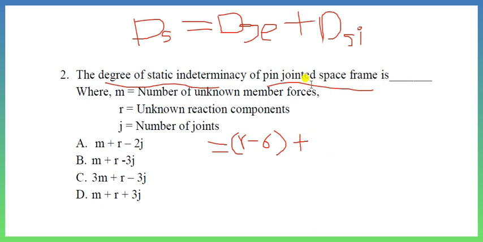So what is the degree of internal indeterminacy for the pin jointed space frame? If we go through the derivation, we will get the degree of internal indeterminacy for the pin jointed space frame as M minus 3J plus 6.